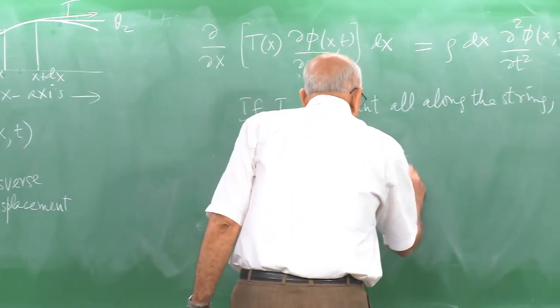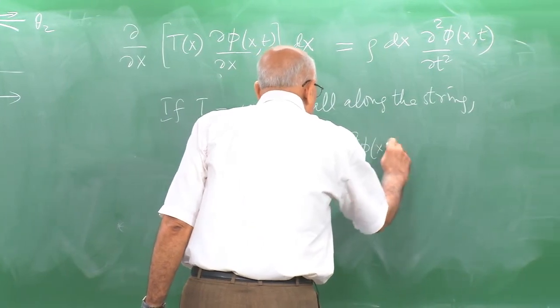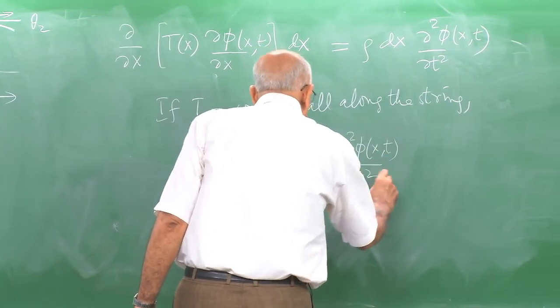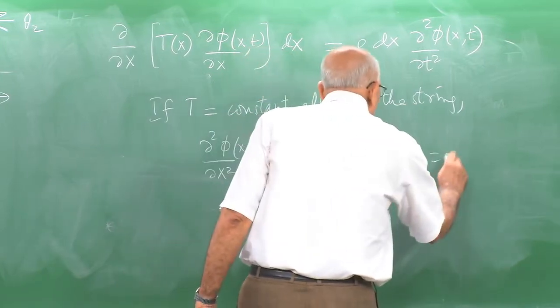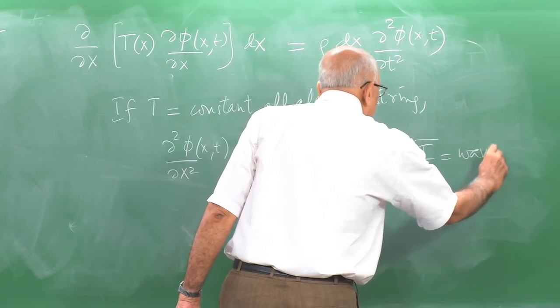It is 1 over u squared d2 phi of x comma t over dt2, where u equal to square root of T over rho equals the wave velocity.